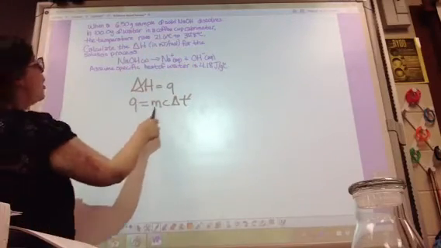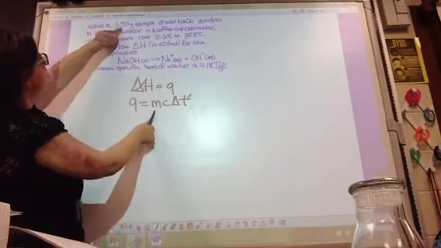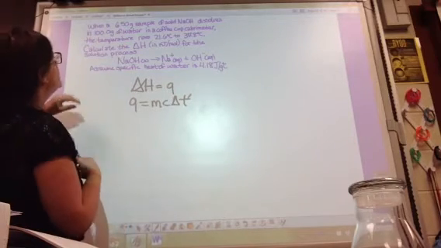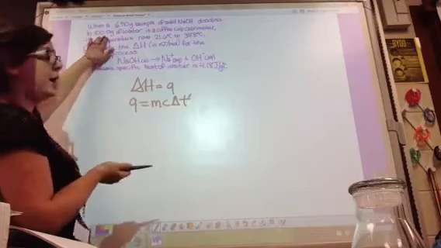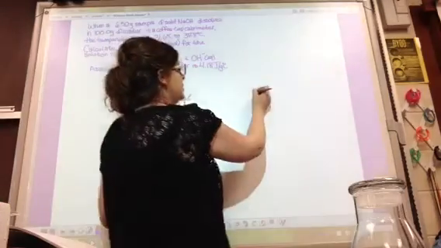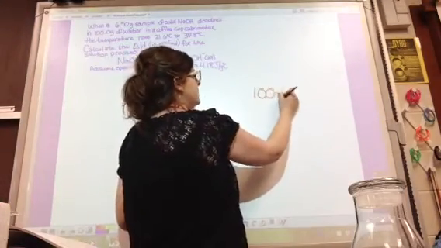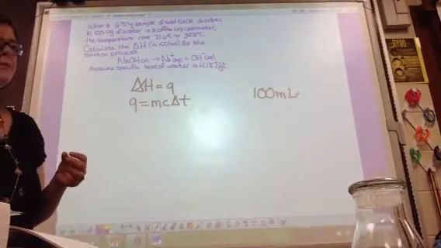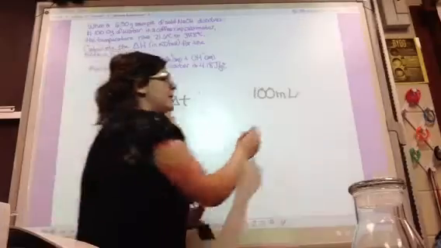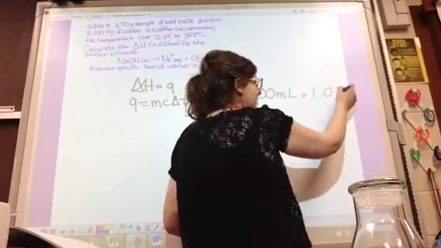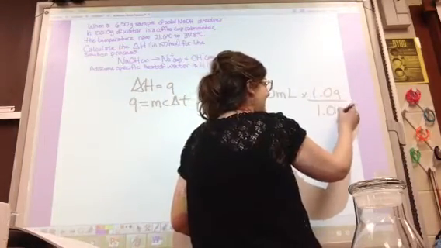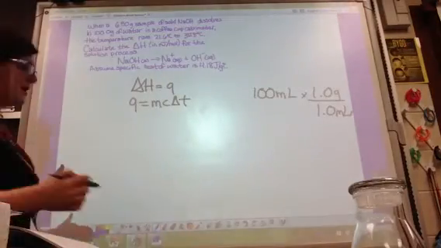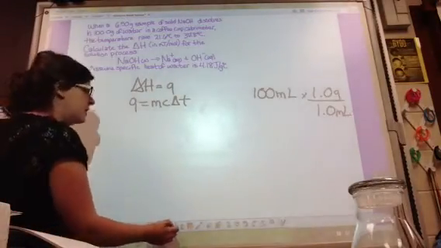I dissolved 6.50 grams of the solid NaOH, but I also have 100 grams of water. What if I had said you had 100 mL of water? How many grams of water would you have? 100, because the density of water is 1 gram per 1 milliliter, so my milliliters would cancel. I would have 100 grams there.